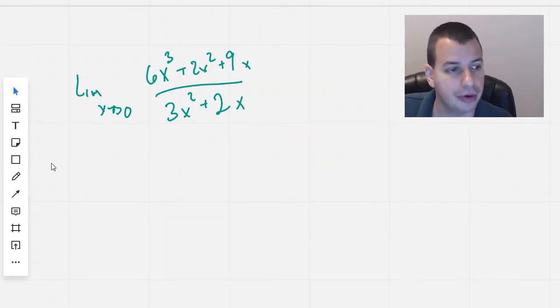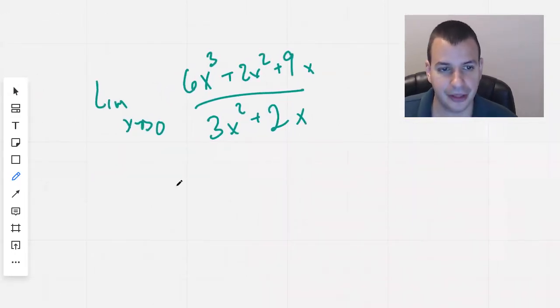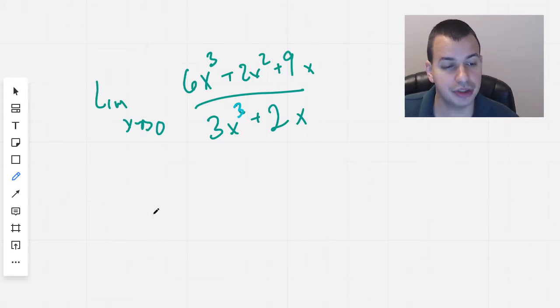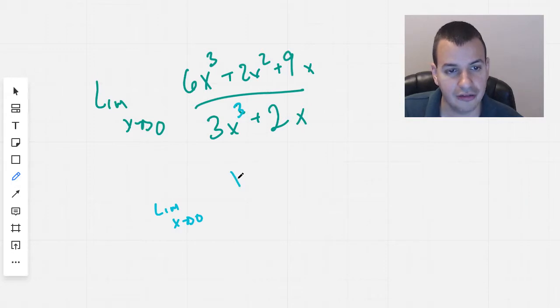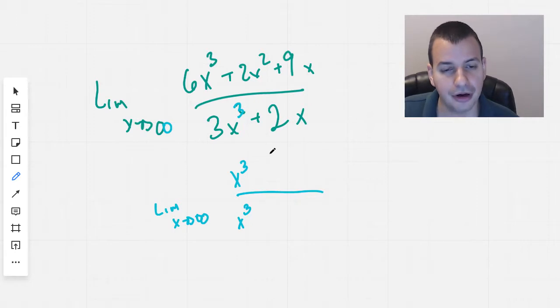So the way we learned to approach this was by factoring out the x's. Well, let's call this one an x cubed. So then we would say limit as x approaches 0 of x cubed over x cubed, and then we'd have something like this. Let's say as it goes to infinity. I know I keep changing the problem. Bad form.